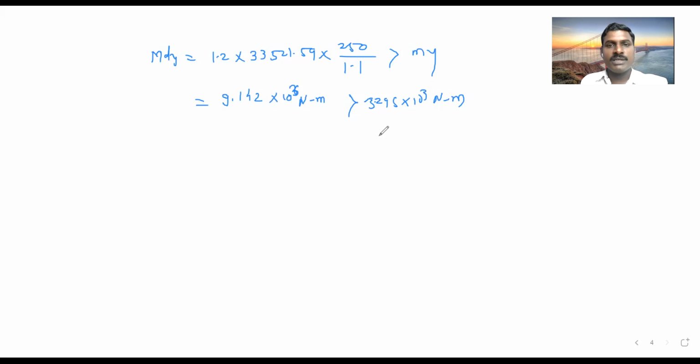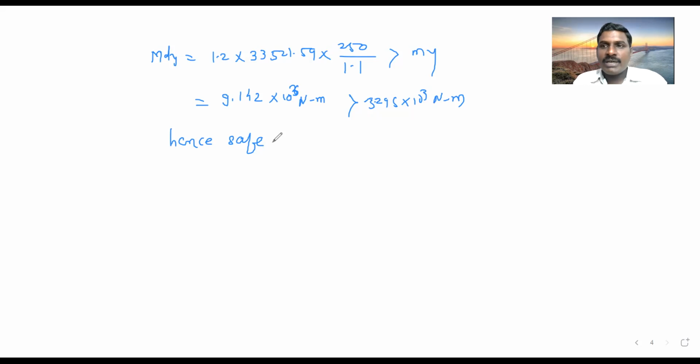So it is again greater than this. So hence safe. Whatever moment we have calculated in x direction and y direction, the design bending moments in x direction and y direction are greater than the biaxial moments.